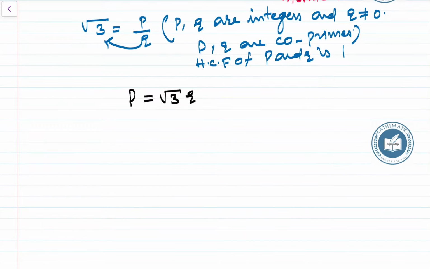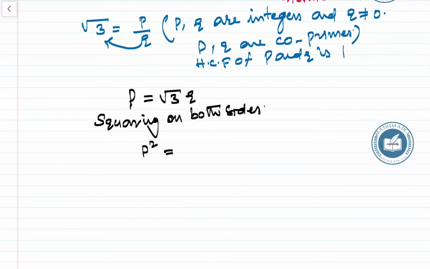Squaring on both sides, it becomes p square equals root 3 whole square and q square. So now we can write p square is equal to 3q square.